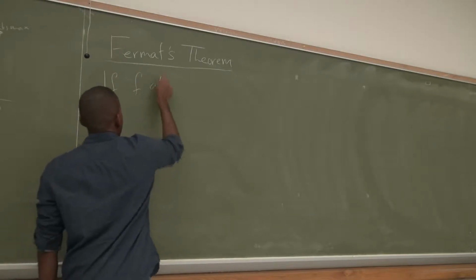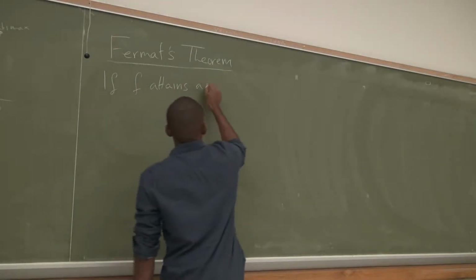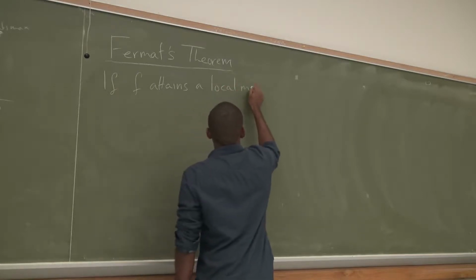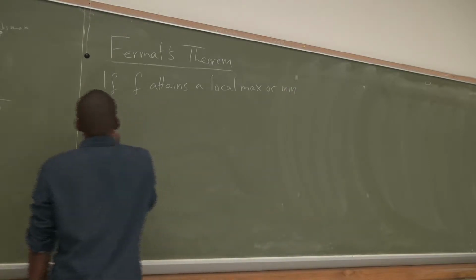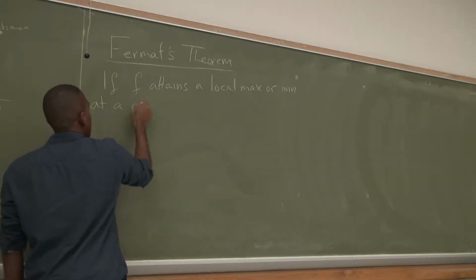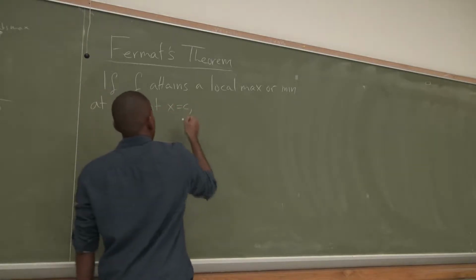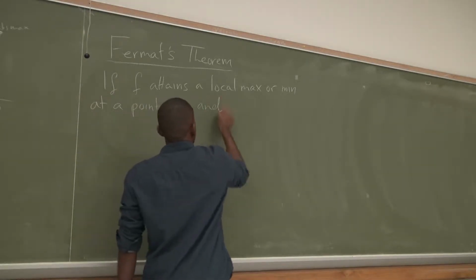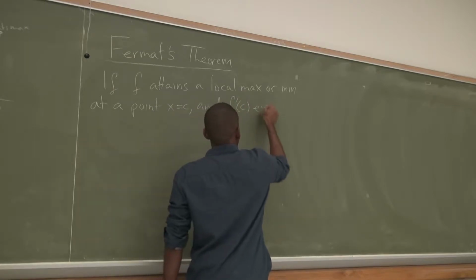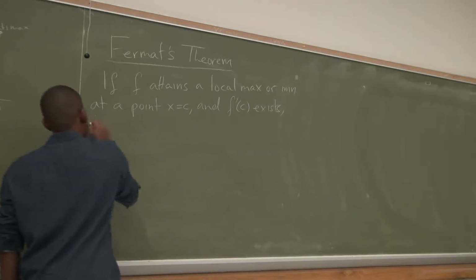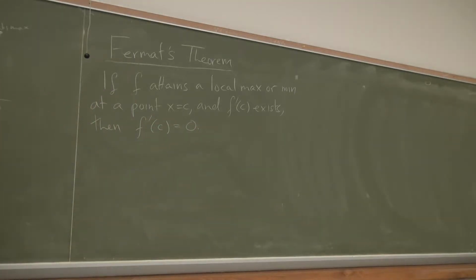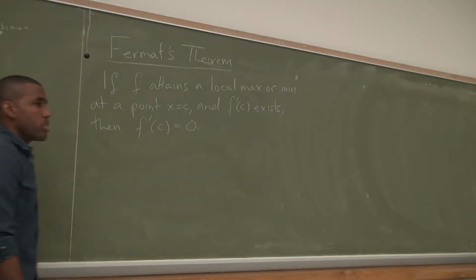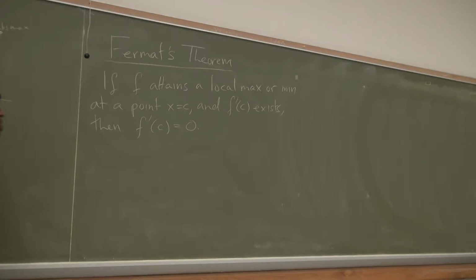If f has a local max or min at a point c, and f prime of c exists, then f prime of c will be equal to 0. As long as your derivative exists, if you're at a local max or min, your derivative has to be 0. And we're going to use that later on.